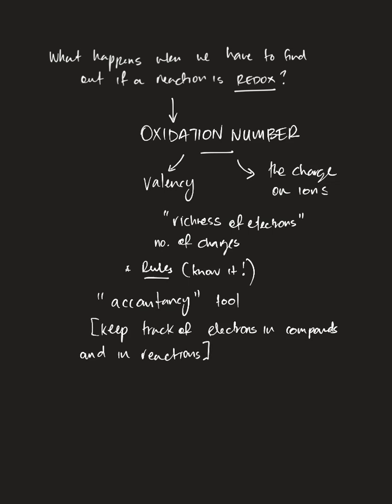This is particularly important in redox reactions because we know that two things are happening. We have atoms which lose electrons and we say they're becoming oxidized. And we have compounds that gain electrons and that becomes reduced.